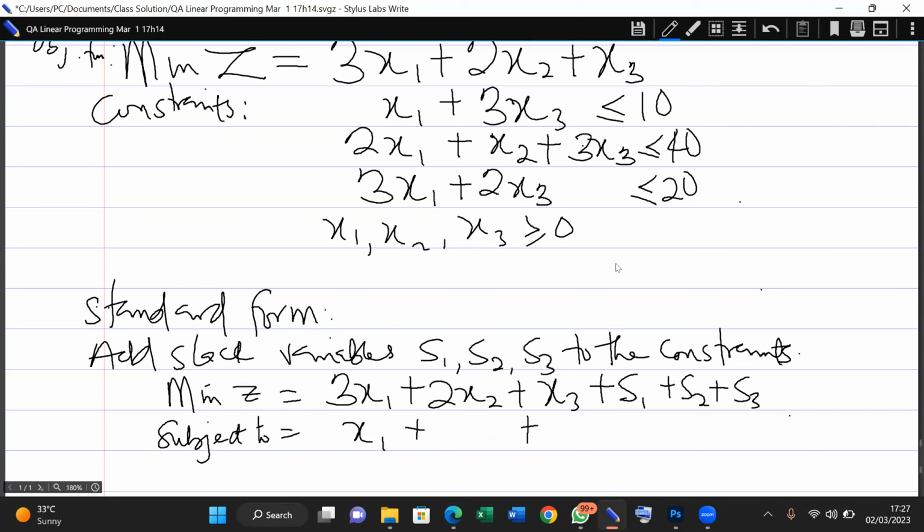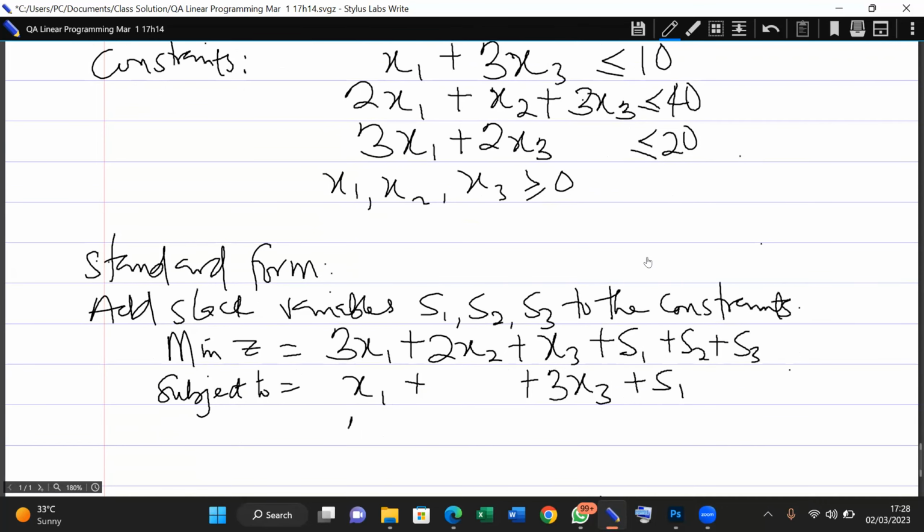You come under here, we have 3x3. We have x1 plus 3x3. Is that taken? Then add your slack variable.